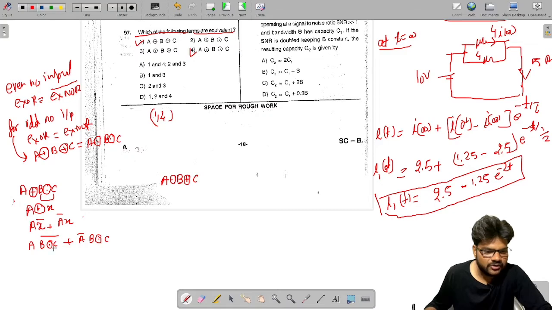And B and C are 2 inputs. So for an even number of inputs, XOR and XNOR are complements. Then we can write A (B XOR C), okay, plus A bar (B XOR C). Okay, let's keep it like this.